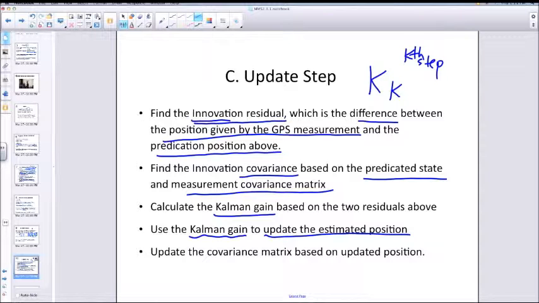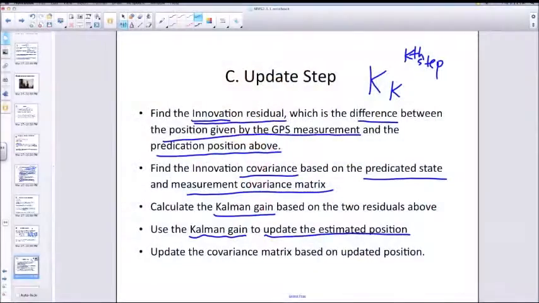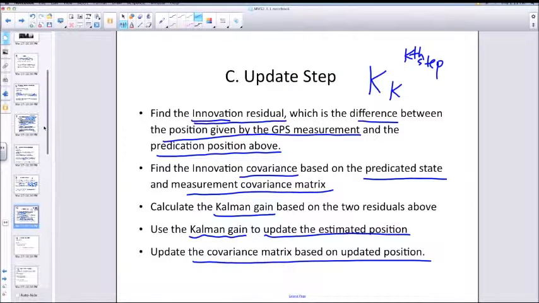I also give some weight to the measurement, and then combine the two. Then I get this new position estimate. And then finally, I need to update the covariance matrix. Okay, I hope you're not too bored so far, and this is still the easy part.